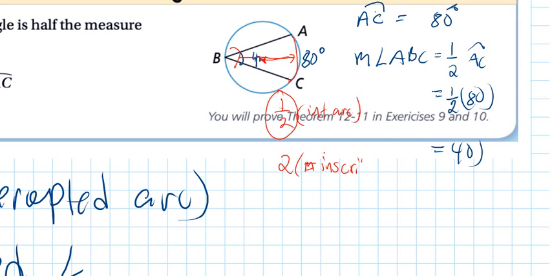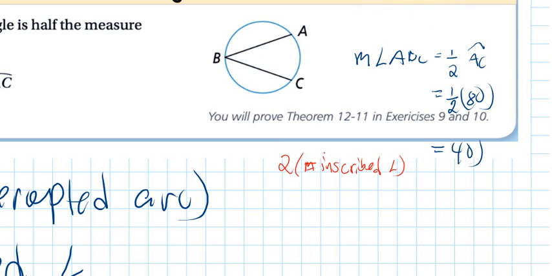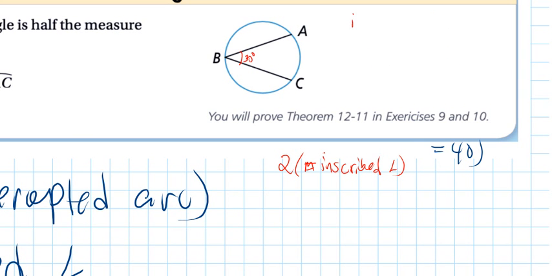Got it? Okay, so let's do a simple practice for simple understanding. Give me a number, Sal. 30. Okay, this is going to be 30. If the measurement of angle B is equal to 30, what is the measurement of arc AC?